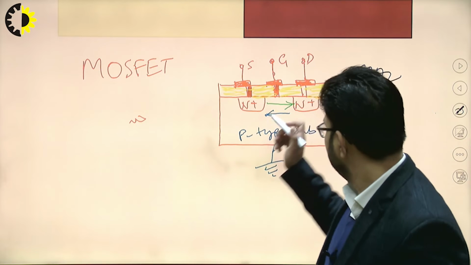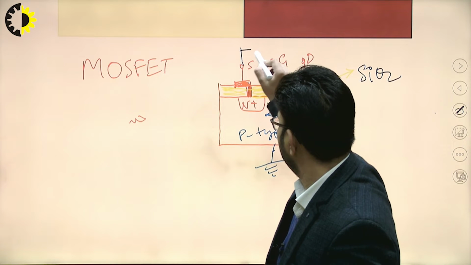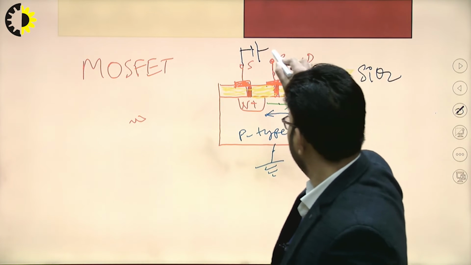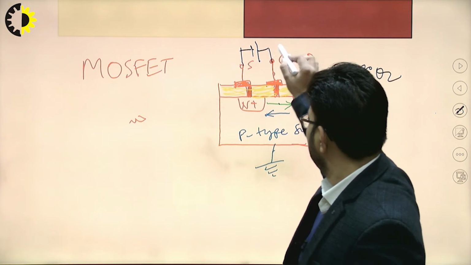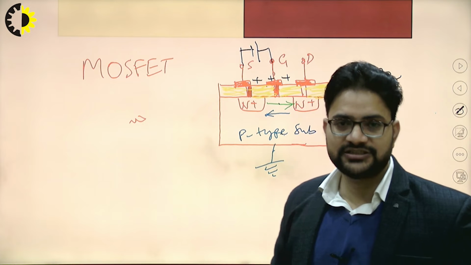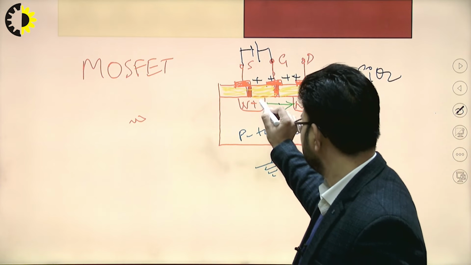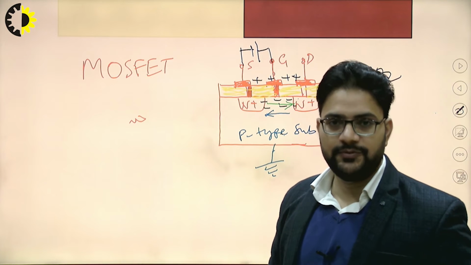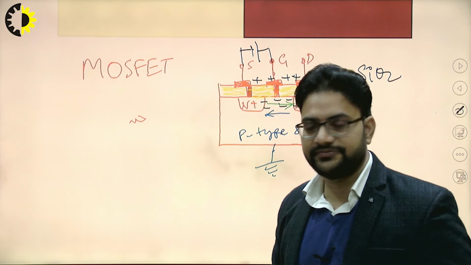If I connect this source to a positive terminal like this, and connect the drain and this gate, correspondingly positive charge carriers will be at this side and negative charge carriers will be at this side. So a capacitor-like structure will be formed, and this SiO2 will behave like a dielectric.